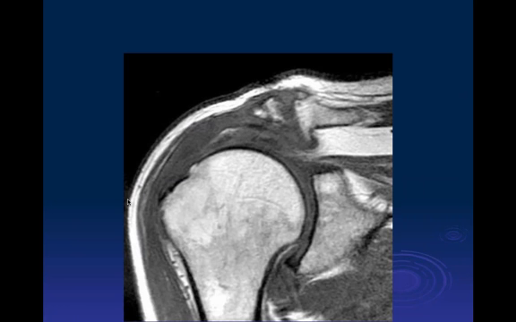This is a patient who had symptoms of impingement and had an acromioplasty. So we have a coronal T1 of the shoulder demonstrating, it looks like the distal acromion, there's a hook along the inferior aspect. This is the clavicle here, right? I'm sorry, distal clavicle. I mean, we're talking about acromion.